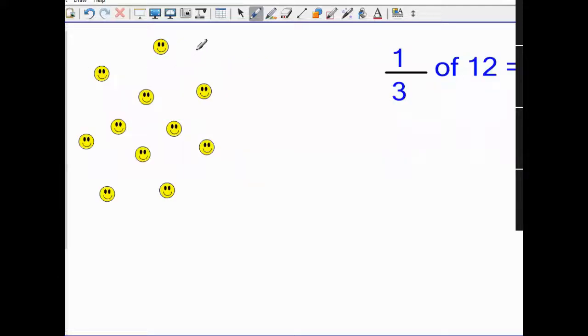Now, another example. I will solve it for you again so that you can refresh your mind. Okay, I look at the denominator. It is what? 3. So I will make groups of 3.